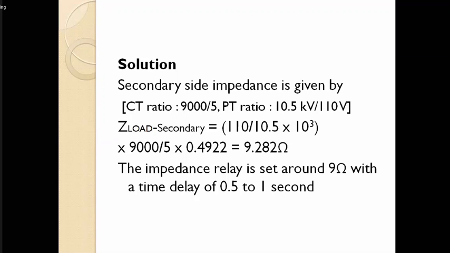Okay, I know what you're talking about. As I told you, we're going to use the secondary side to set our impedance relay, not the primary side. What you mention, that 0.4, is our primary side. So that one is the primary side, but the one you are going to use to set your impedance relay is the secondary side. So that's what we have, 9.2.